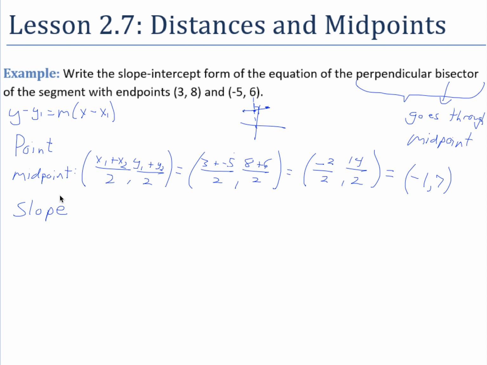Well, how do we find slope here? We have a segment whose endpoints are 3, 8, and negative 5, 6. So we could find the slope of this segment using our slope formula, but we want the perpendicular line to that. Well, we learned that if two lines are perpendicular, their slopes are negative reciprocals. So our goal here is to find the negative reciprocal of the slope of the segment that we're given.